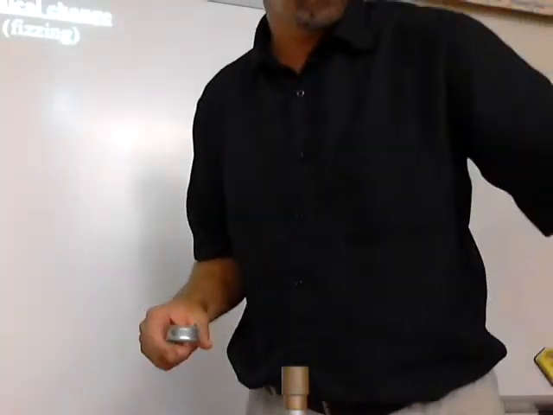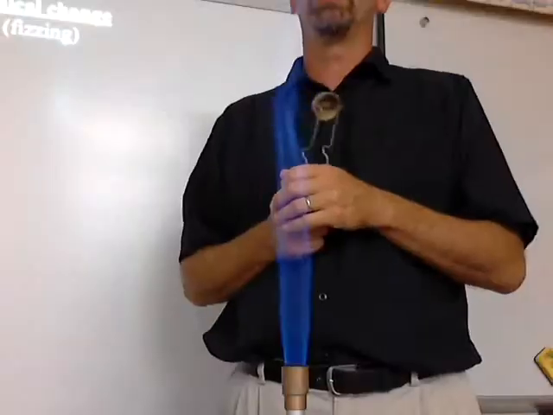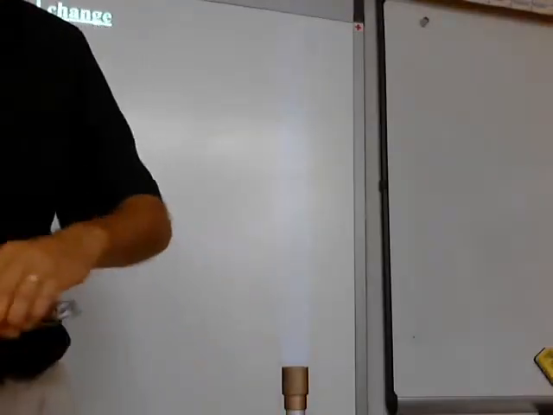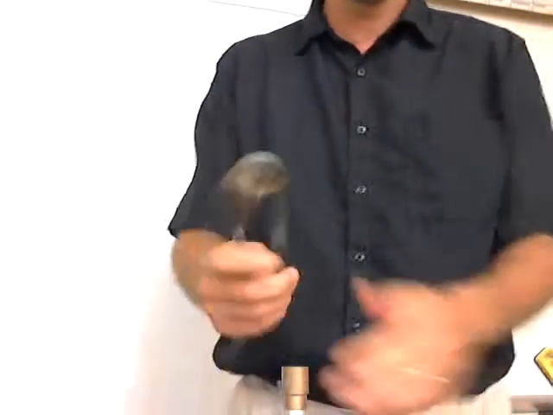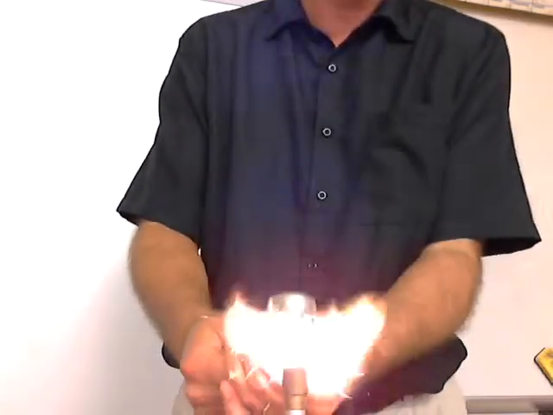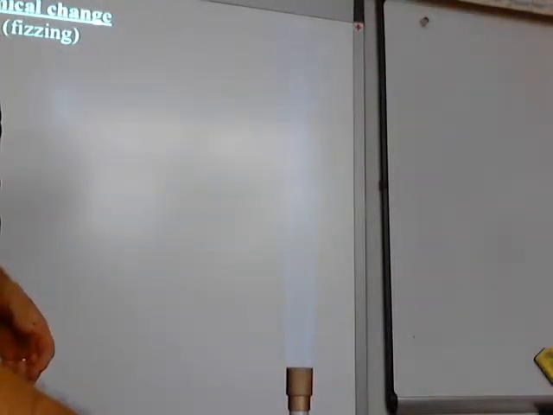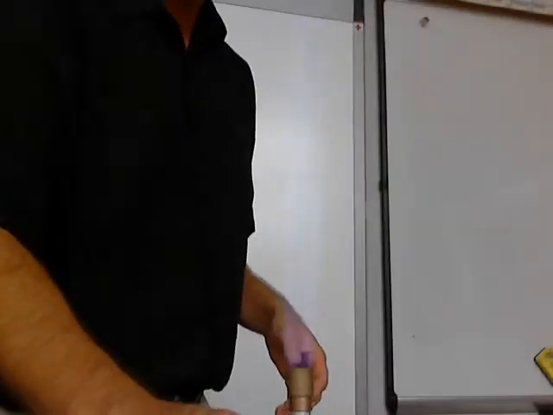Turn these on, straight out, put the striker right over the top, one little strike, you get that. All right? That's how you light the burner. Right over the top, just a couple, I'll do it again, see it for the video as well. Right over the top, just make a strike like that when I go to light. Turn it on. There it is. All right? Now, you want to make sure you don't touch any of these things on here. I could adjust the amount of air that's getting in there.